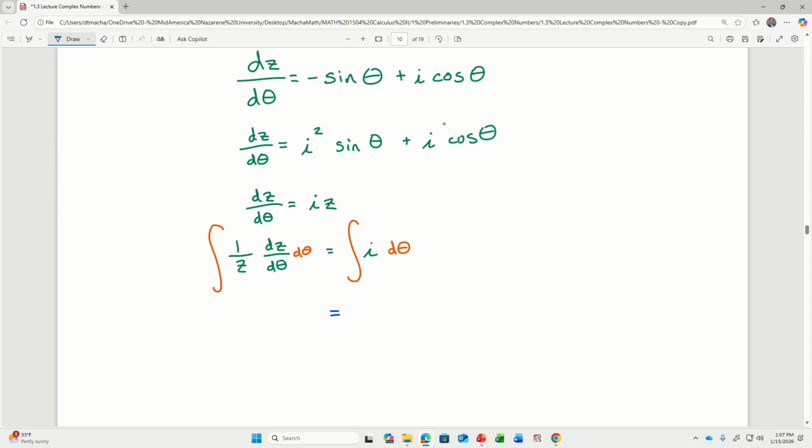If I take the antiderivative of i with respect to theta, what's that going to end up being? Oh, wouldn't that just be z? No, but I'll show you and then you'll understand after I show you.